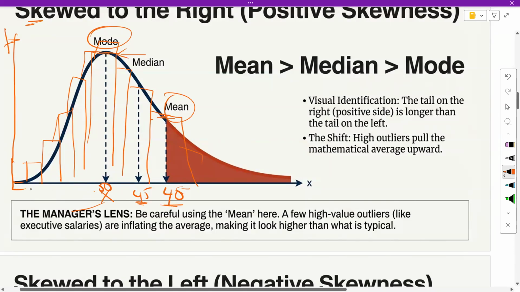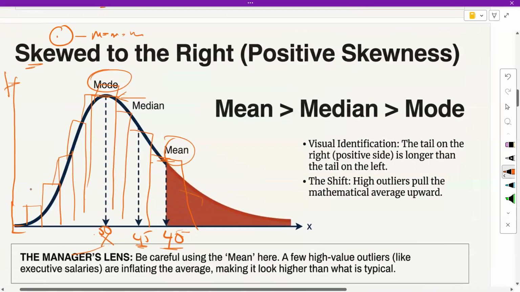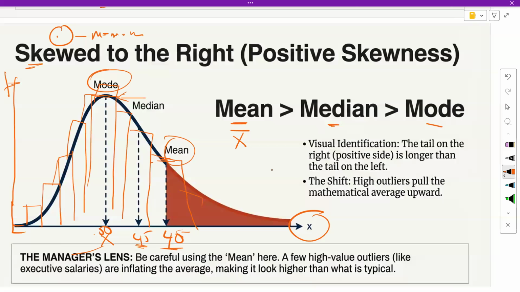So this kind of data set is called positive skewness. Positive skewness means the x value of the mean is higher than the median, and the median is larger than the mode. You see, these are x values now. Actually, I wrote it the wrong way.